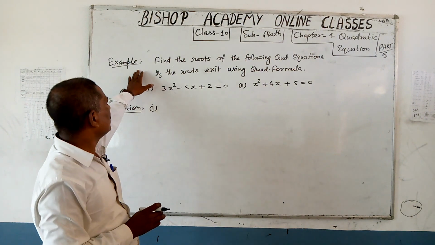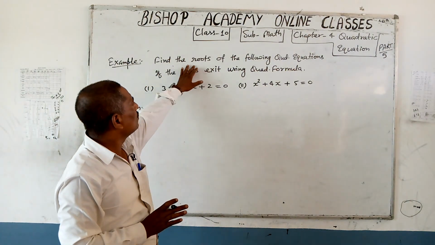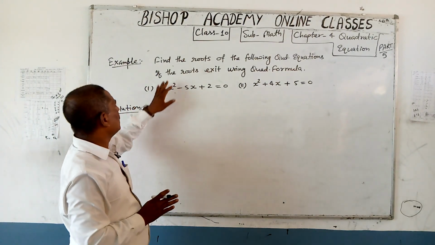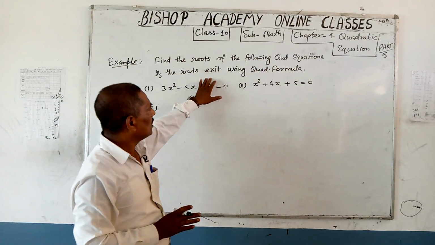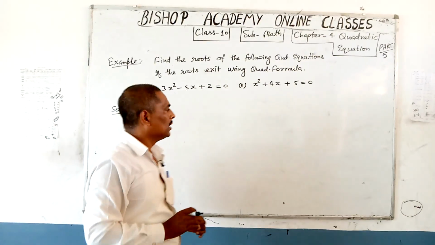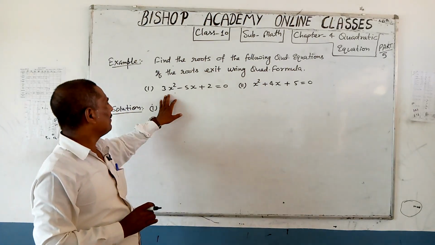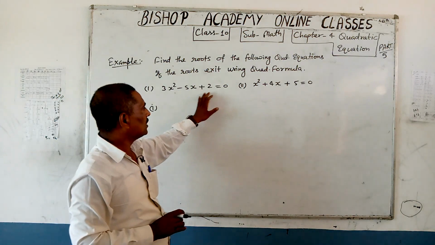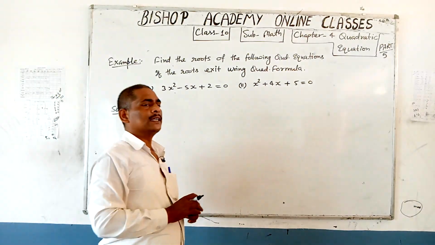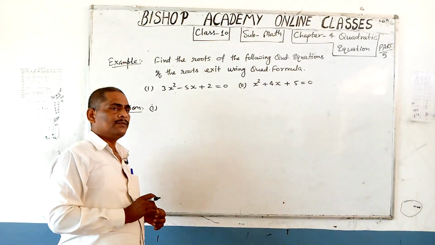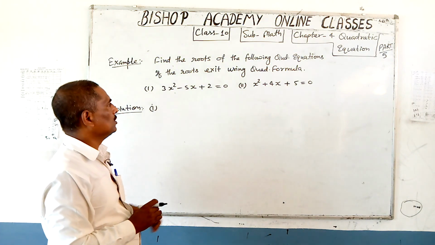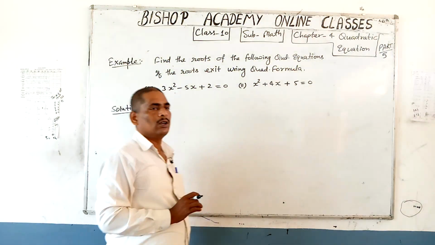Let us solve this example. Find the roots of the following quadratic equations, if the roots exist, using the quadratic formula. First you have to check whether the roots exist for these quadratic equations or not, and if they exist, you will find the roots using the quadratic formula.